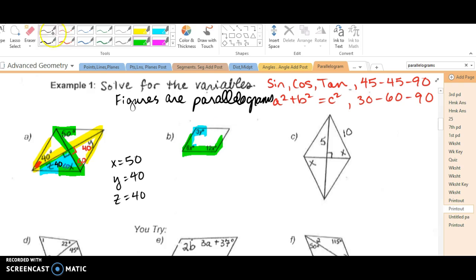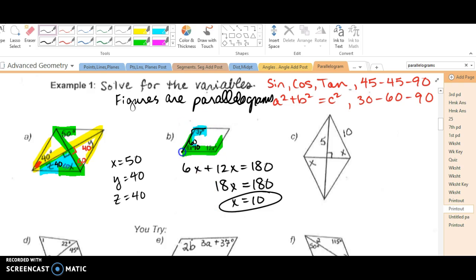Since both sides are parallel, a staple can work either way, so 6x plus 12x adds to 180, so 18x adds to 180, or x is 10. And then once you know that, 6 times 10 is 60. So we know that the staple going this way, 3y plus 60, adds to 180. So 3y equals, when I subtract 60 from both sides, 120, or y is 40.